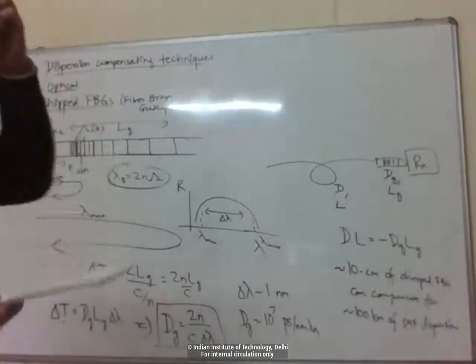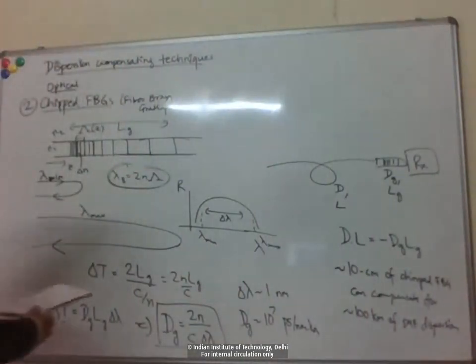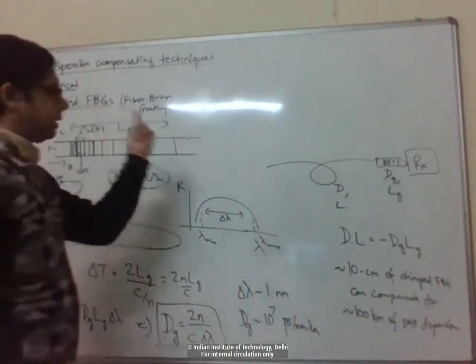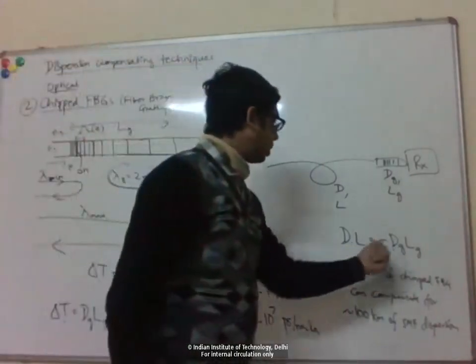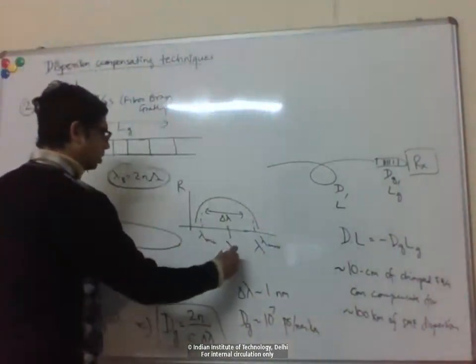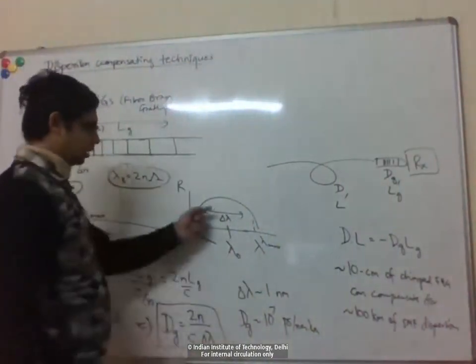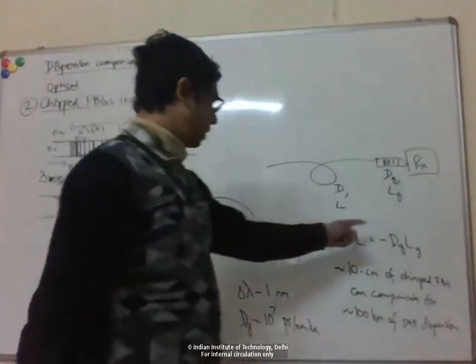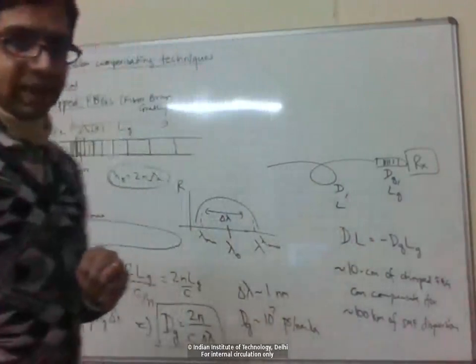Okay, so typically you design this for a particular wavelength, right? So you will design it at some particular wavelength. If you move to a different wavelength, then this condition in general will not be satisfied.